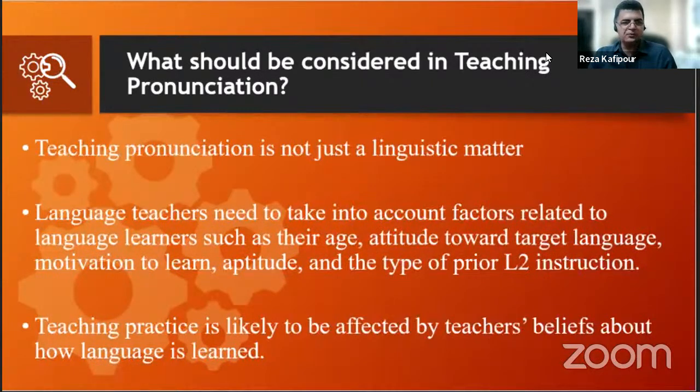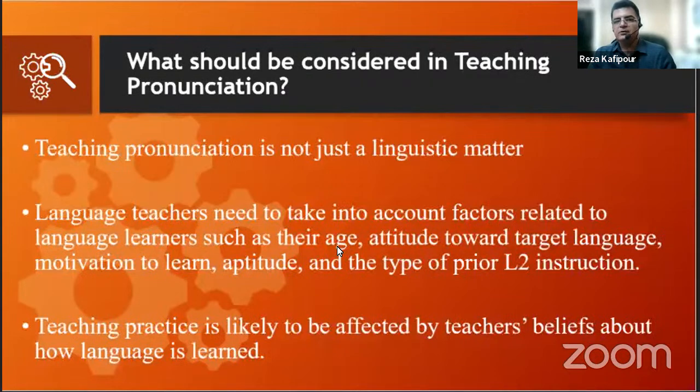to our PowerPoint. As we said, age can be considered based on the justification we provided. Then attitude toward the target language or motivation to learn, aptitude, or type of prior second language instruction. Sometimes we have interference between what you practiced before and what you are practicing right now.